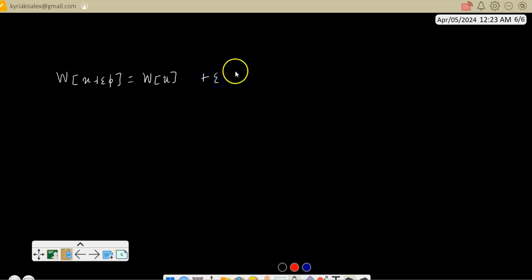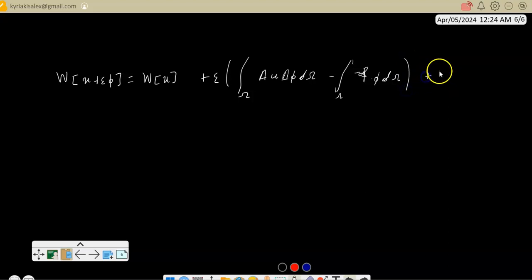I have the integral over omega Laplacian of u Laplacian of phi d omega minus the integral over omega f times phi d omega plus 1 divided by 2 epsilon squared integral over omega Laplacian of phi squared.